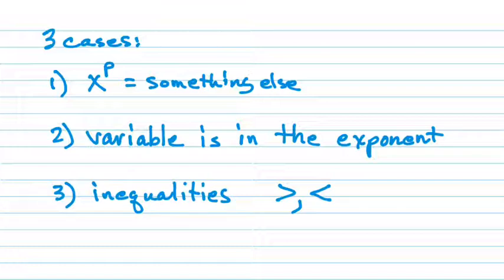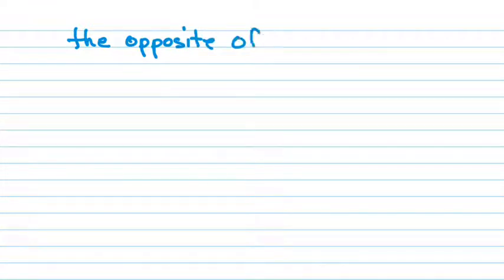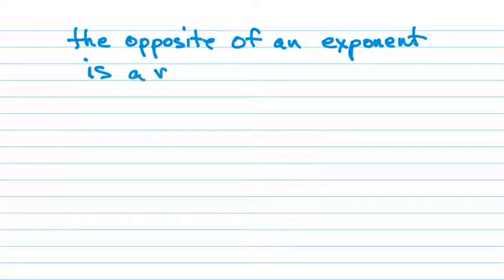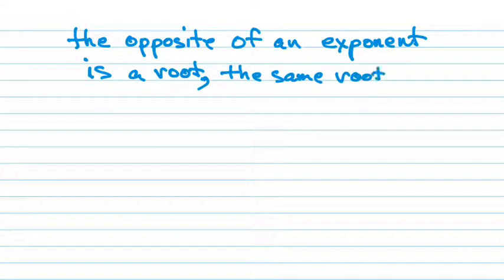So let's look at some examples of the first kind and talk about what we're doing, okay? But before we do that, we can't do the opposite if we don't know what the opposite is, right? So, you know this, even if you don't think you do. The opposite of an exponent is a root, and it'll be the same root as the exponent.